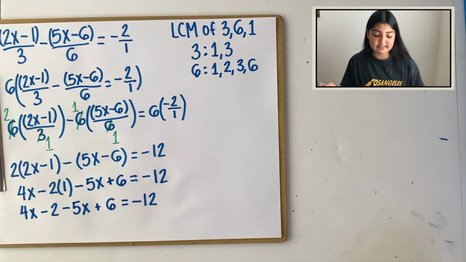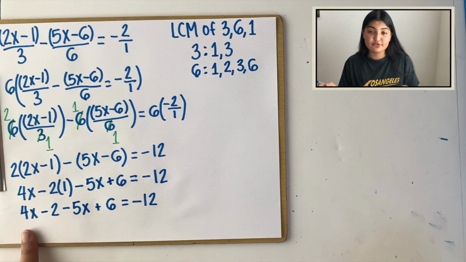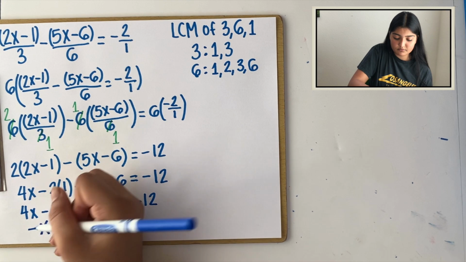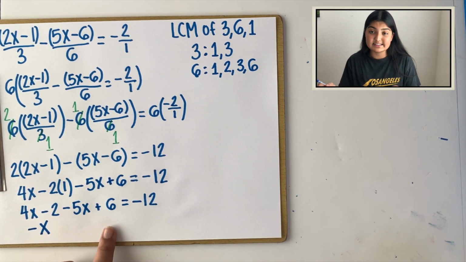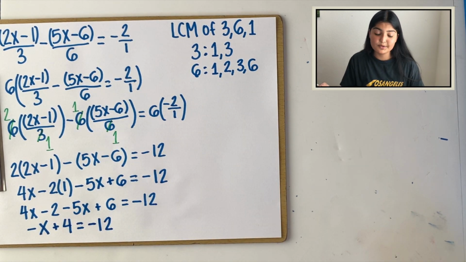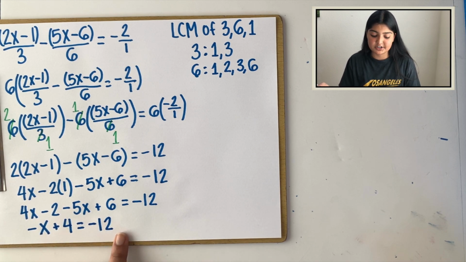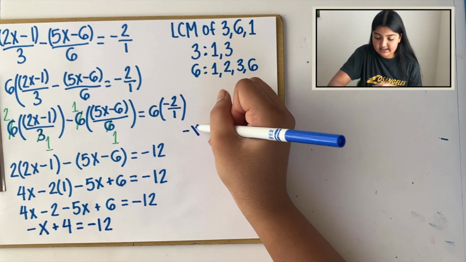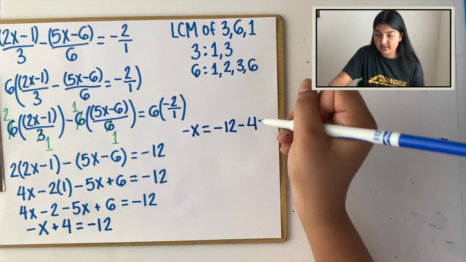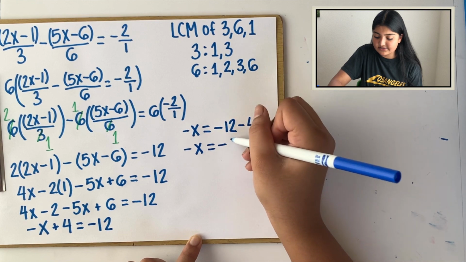Now, let's bring the variables and constants together. 4x minus 5x is negative x. Negative 2 plus 6 is positive 4. Now, let's bring this 4 to the other side of the equation. So negative x is equal to negative 12 minus 4, or negative x is equal to negative 16.